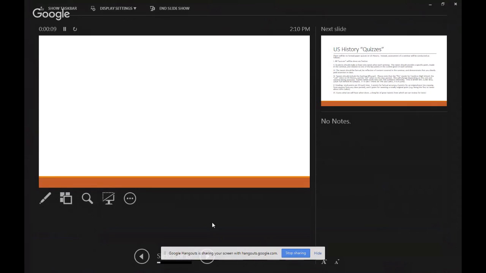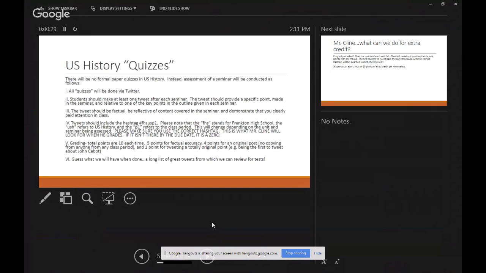I can change it so that it only shows what's on the projection screen. So if Sarah were to go to that now, she would see this projection screen. And that way, if you're using it for review, you're not going to have to try to squint and see from there back here to what I've got up on the board. All right, so don't worry about that.